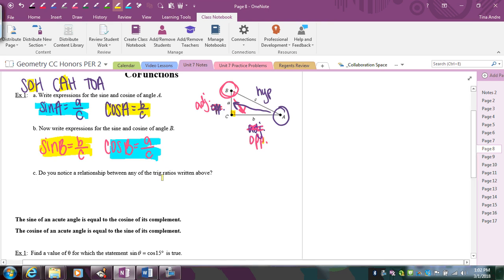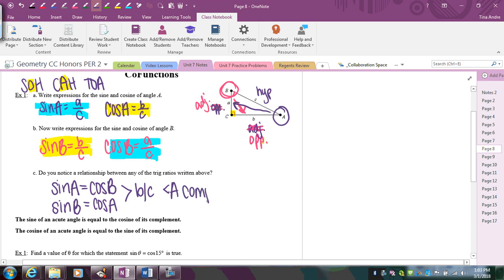So do you notice a relationship between any of the trig ratios? Yes. Let's write what we just said. Sine of A is equal to cosine of B, and sine of B is equal to cosine of A. And this is because the measure of angle A is complementary to angle B. So that's the rule here, and these are called cofunctions because of this.